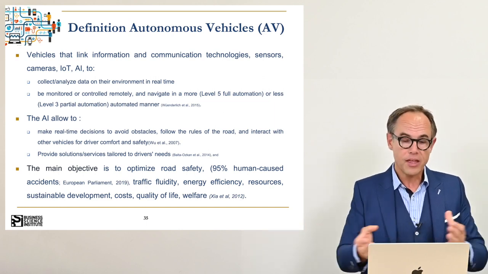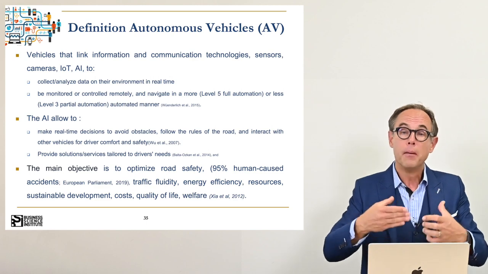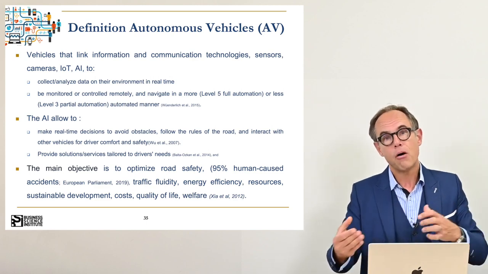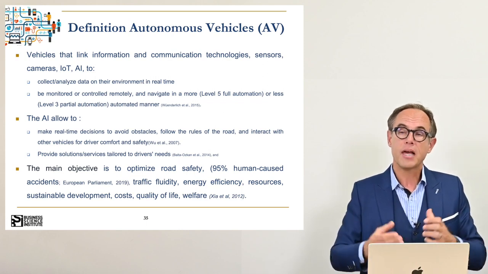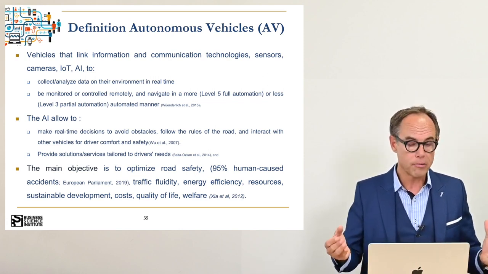So it collects information and will more and more, based on deep learning and machine learning, offer highly personalized solutions and services satisfying the customers, increasing his or her well-being.